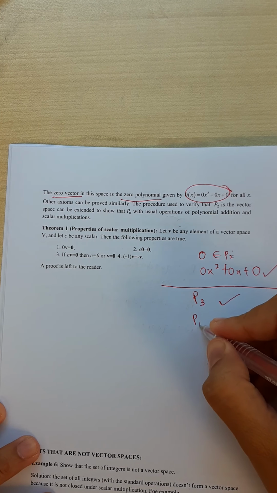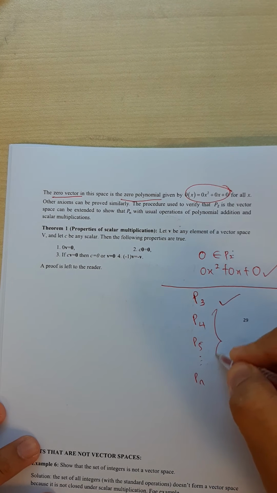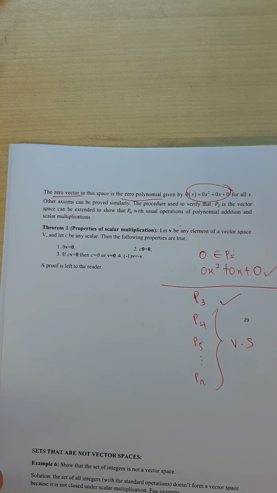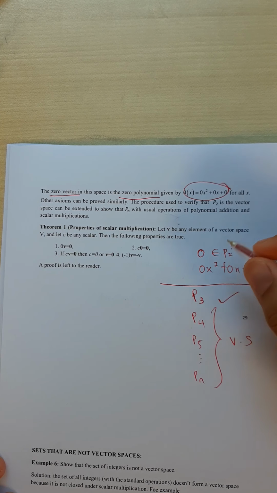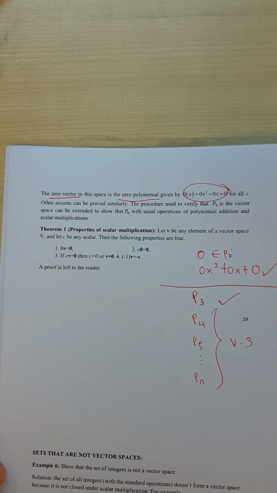And if you extend the same concept to P4, P5, and so on until Pn, you can see that all of these are vector spaces because they satisfy the property of scalar multiplication, and also they satisfy the property of vector addition. All right? And also the zero polynomial is included in the particular polynomial space that you are working with.